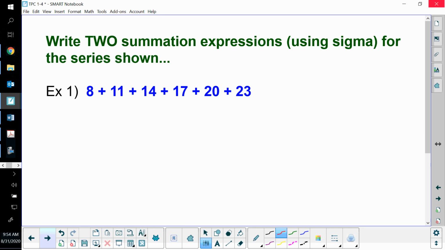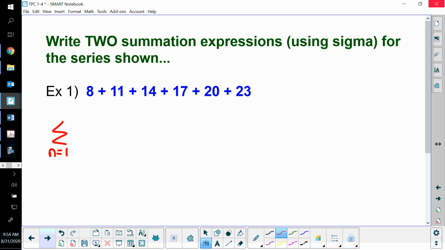The hard way is, what if they give us the sum written out and we have to write the actual summation. So we've got 8, 11, 14, 17, 20, and 23. So we're going to start out with our summation, and it's usually easiest to start with n equals 1.